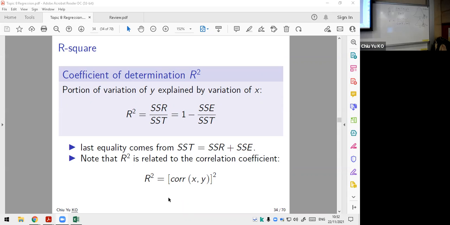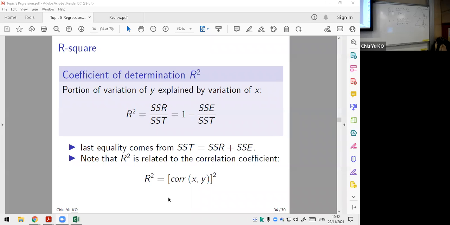The ratio SSR over SST is the part you have explained out of the total variation. Then that is actually the fraction of the variation explained by your model.